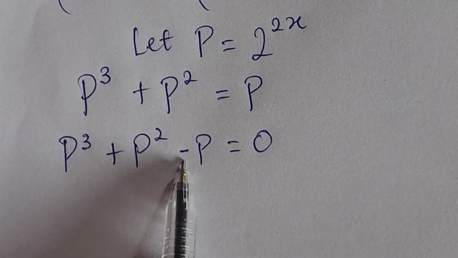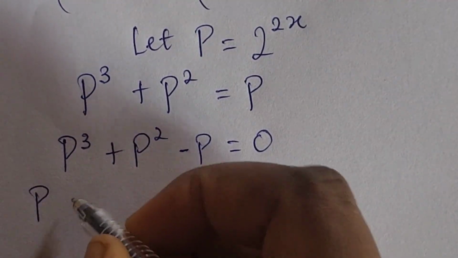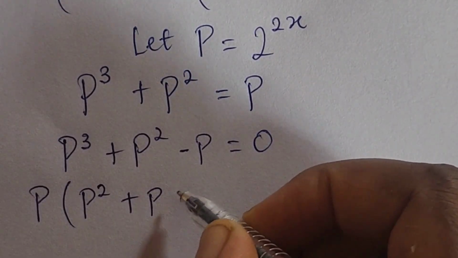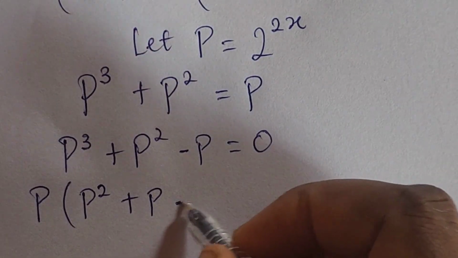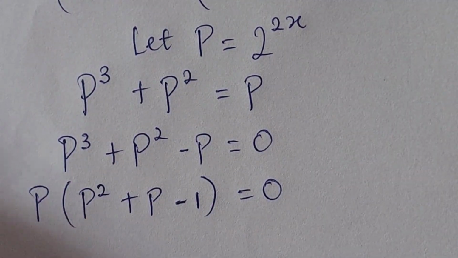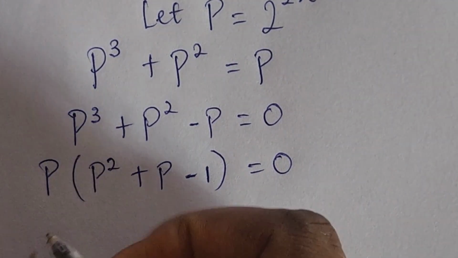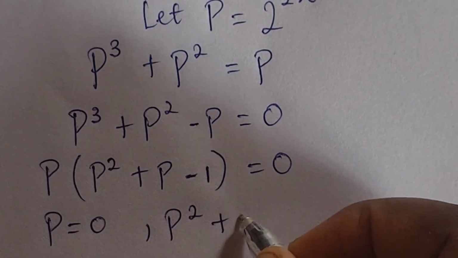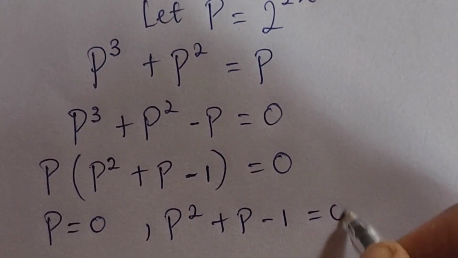So when we factor out p from here, we have p times p squared plus p minus 1 to be equal to 0. That means our p is equal to 0, and our p squared plus p minus 1 is equal to 0.